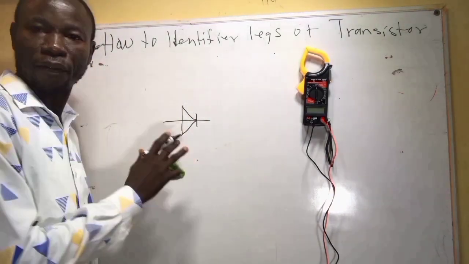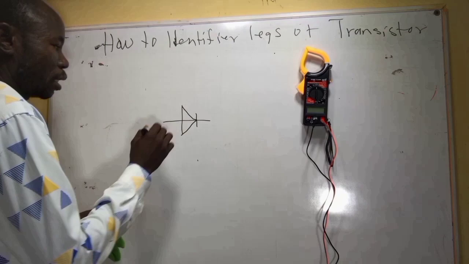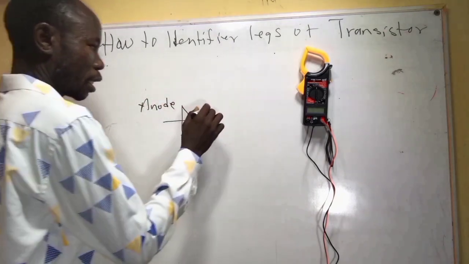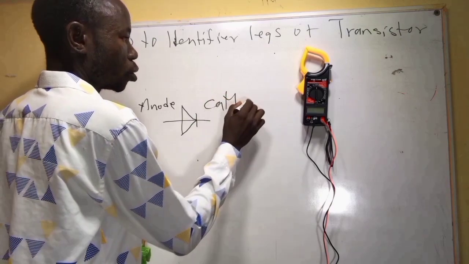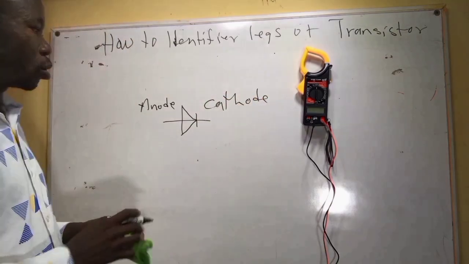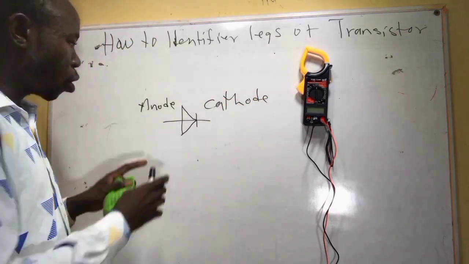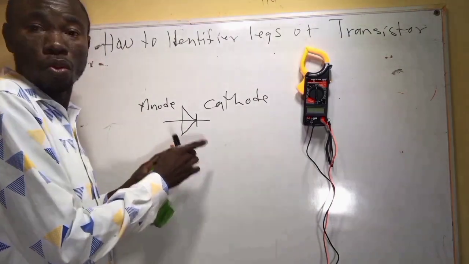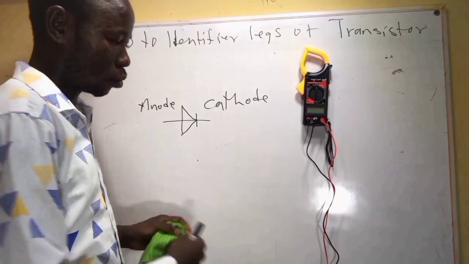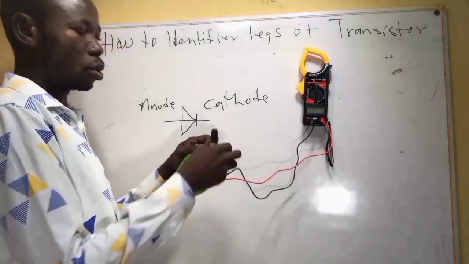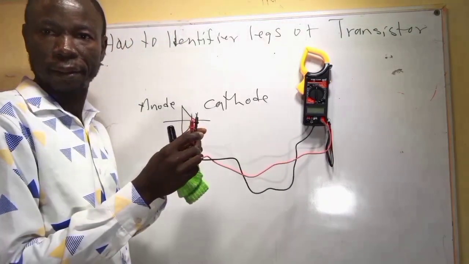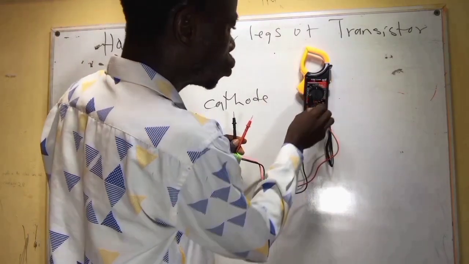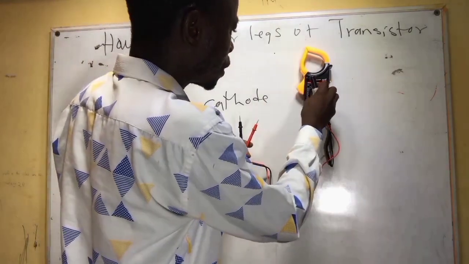This is a rectifier diode. Here is the anode and the cathode. You see? So, to test the diode, you get your meter, right? You select your meter to the ohm section.